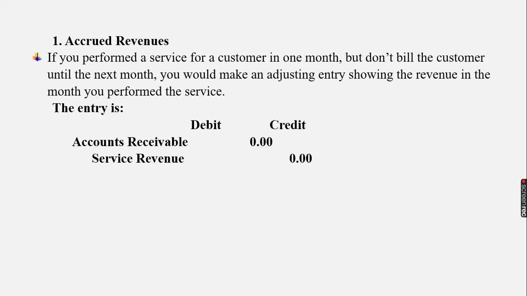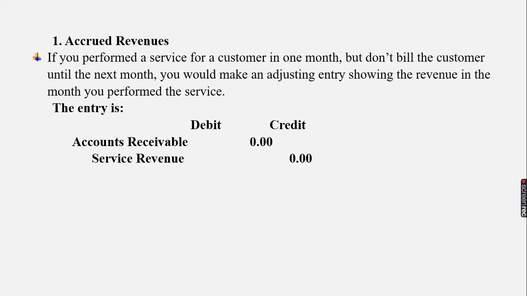Okay? Now, let's go to accrued revenues. Ano yung sinasabi niya sa accrued revenues? Pag accrued revenues kasi, ito yung na-perform mo na. If you perform a service for a customer in 1 month but hindi mo pa siya na-bill until the next month, you will make an adjusting entry showing the revenue in the month you performed the service. Ang entry mo dyan is, syempre, inutang nila yung service mo, kasi na-perform mo na yung service pero hindi pa sila nagbayad.